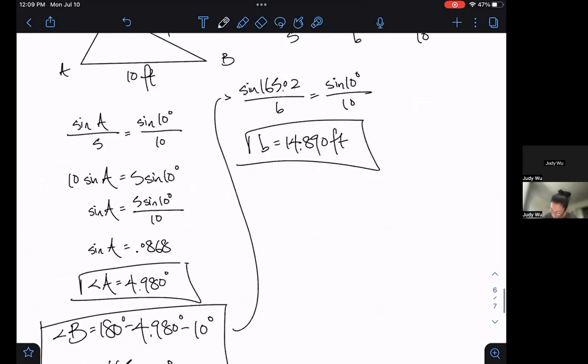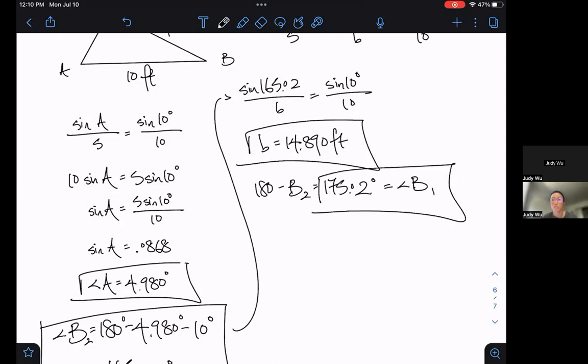So 180 minus 4.980 will give us 175.02 degrees, which I'm claiming is the measure of the second angle A. Okay, so this would be my second triangle.